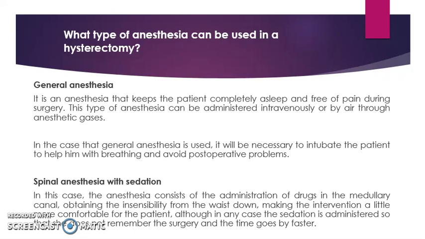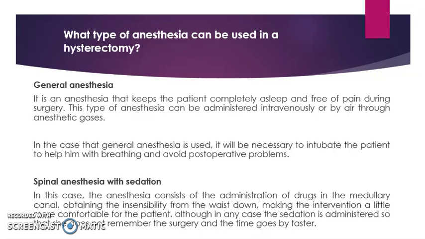General anesthesia. It is an anesthesia that keeps the patient completely asleep and free of pain during surgery. This type of anesthesia can be administered intravenously or via inhaled anesthetic gases.